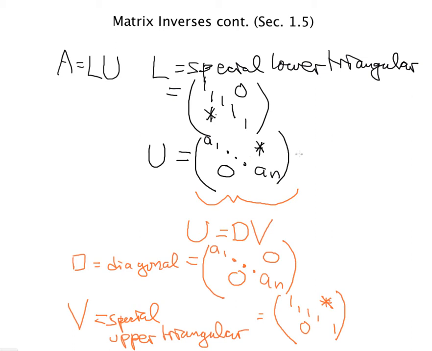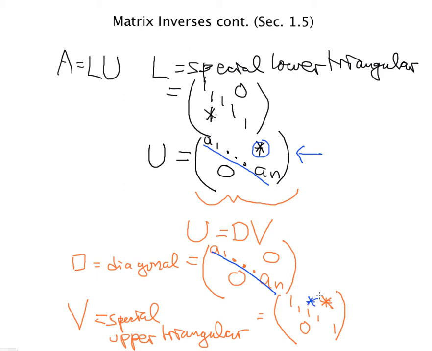Okay, and so the matrix U is this one here. It has A1 through AN down the diagonal. That's exactly what goes down the diagonal in D. And the star is supposed to indicate something above the diagonal. And this matrix V has something above the diagonal, but it's not necessarily the same something.